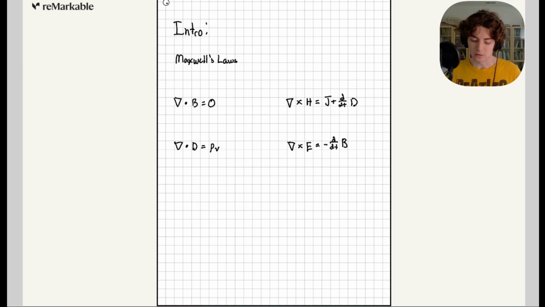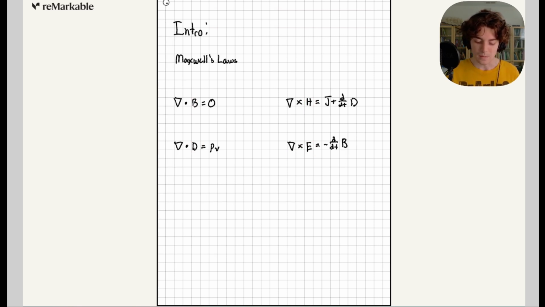And what Maxwell's laws tell us is they inform us about the divergence and the curl of the magnetic flux density, the electric flux density, and the magnetic field intensity and the electric field intensity.